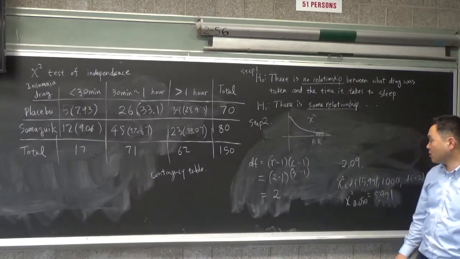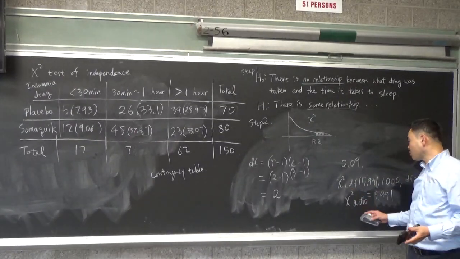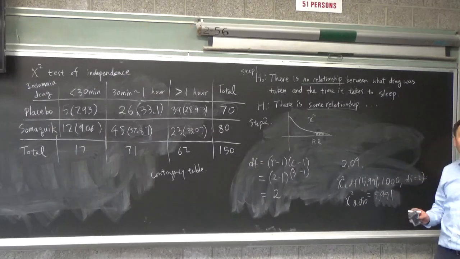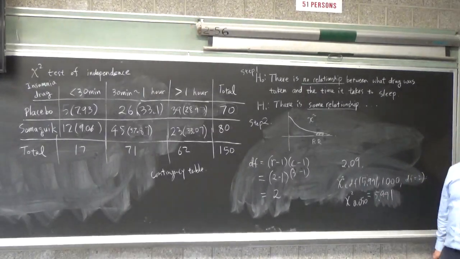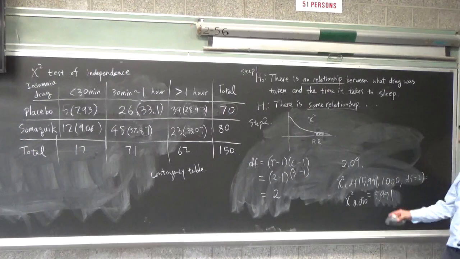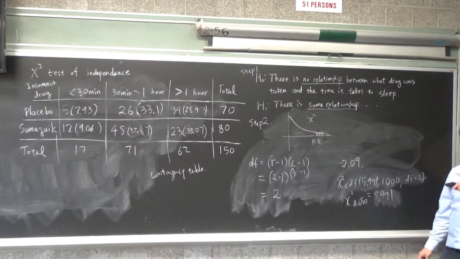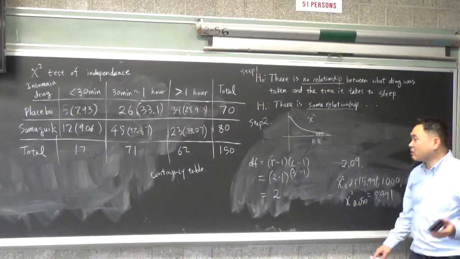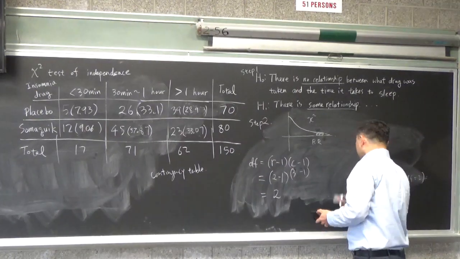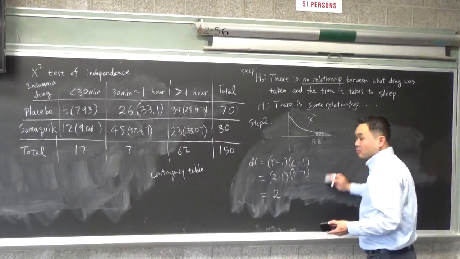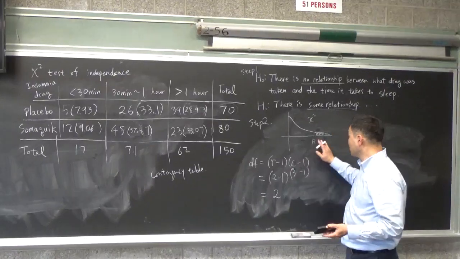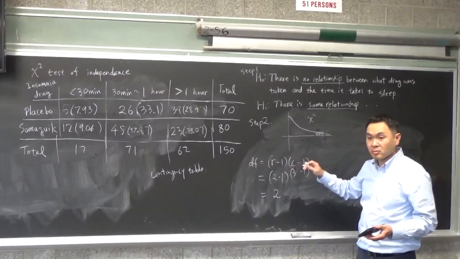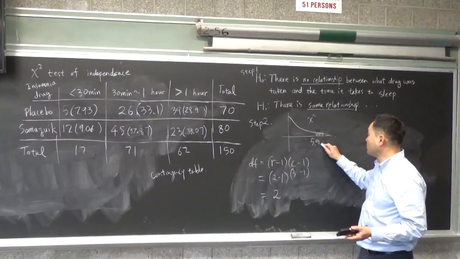You can put in inverse chi-squared with degrees of freedom 2 and 0.95, and you'll get 5.99. Did you get it? Yeah, I did. Okay, great. But you guys will be using a table. So that 5.99 comes from the table.